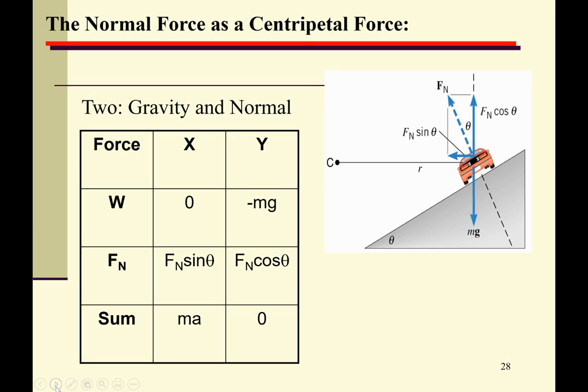So we look in our x direction, we look in our y direction. When we sum those, we get mass times acceleration in our x direction. And then here we have nothing because there's no acceleration in this up and down motion, right? There's no acceleration there. So then we look at, okay, normal force sine theta equals mass times centripetal acceleration.